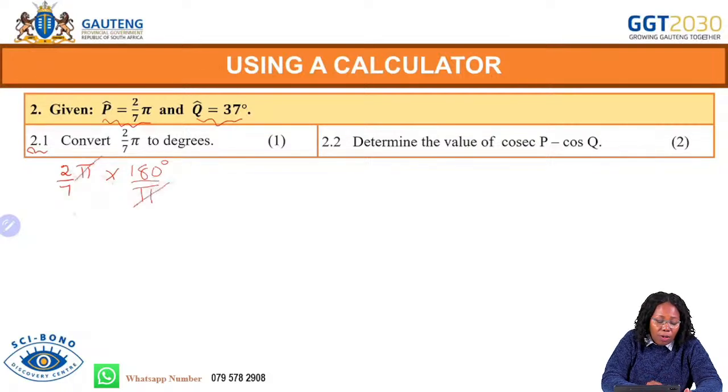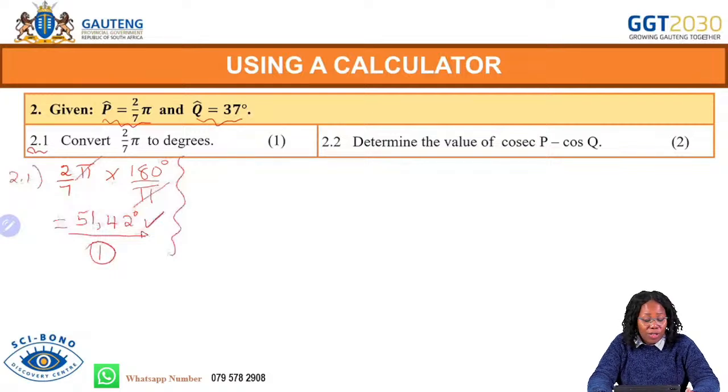And then now our answer here into your calculator, grade 12, this must give us 51,42, and this is now in degrees. That is the 2.1. So it will be 1 mark for the answer there, not for the method, because some learners can just go straight to the answer without showing the simplification through the calculator method.